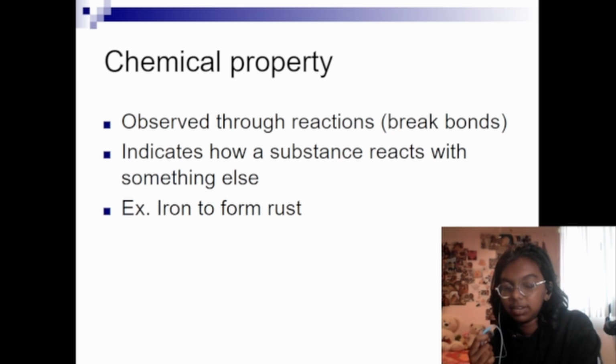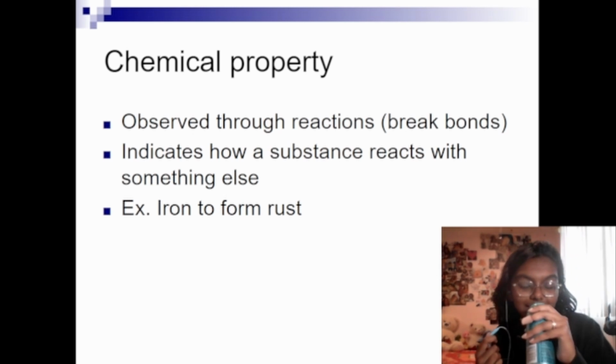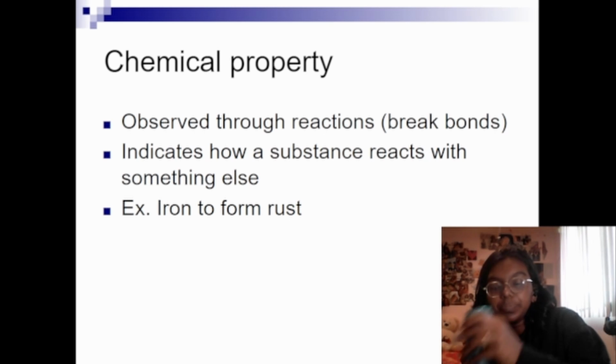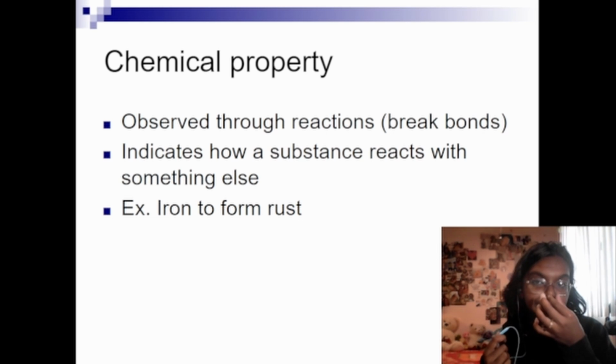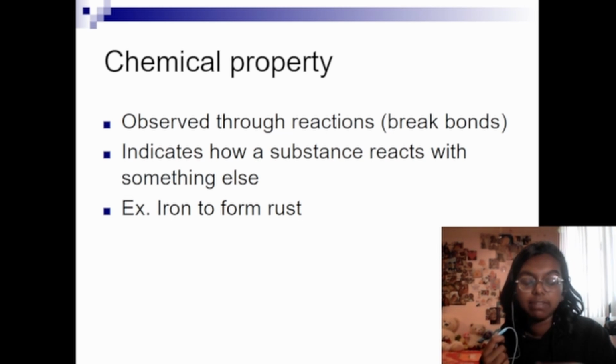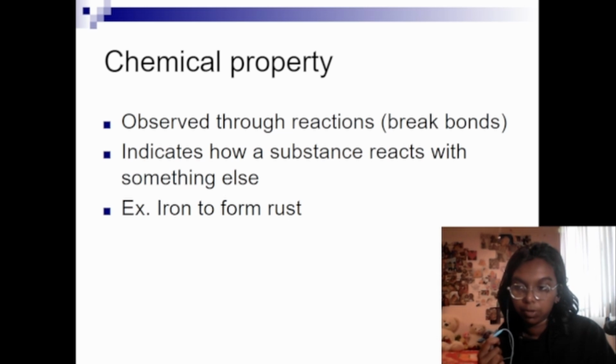I could be wrong. I don't know, it's been a long time since I took chemistry. So you're actually having a chemical reaction. So that's a chemical property: that iron can rust.